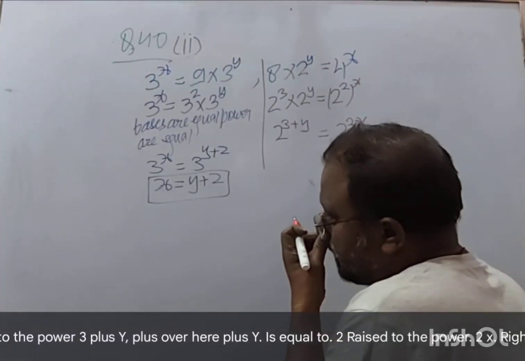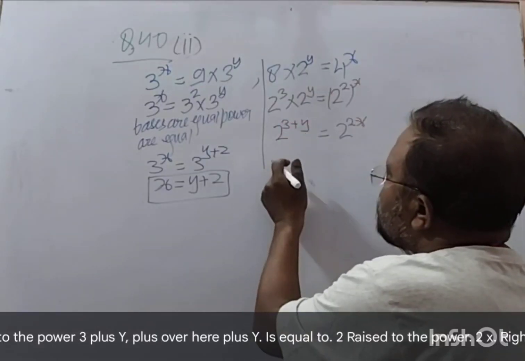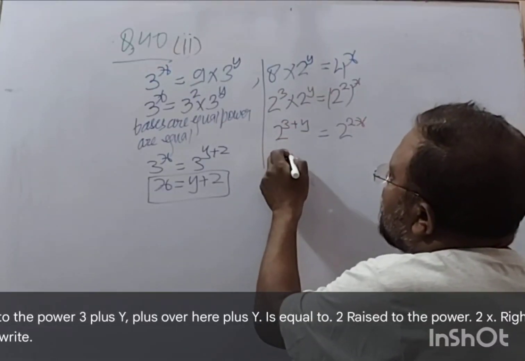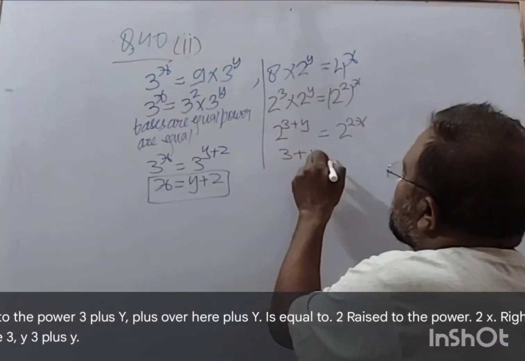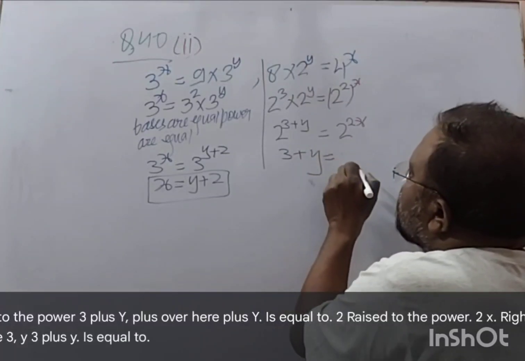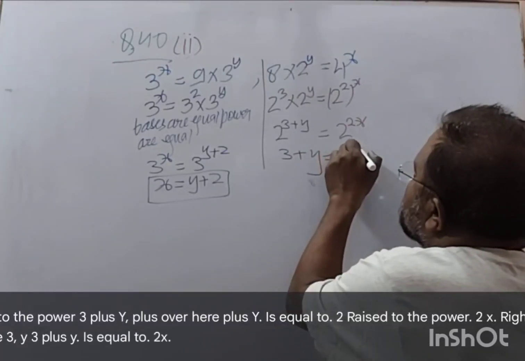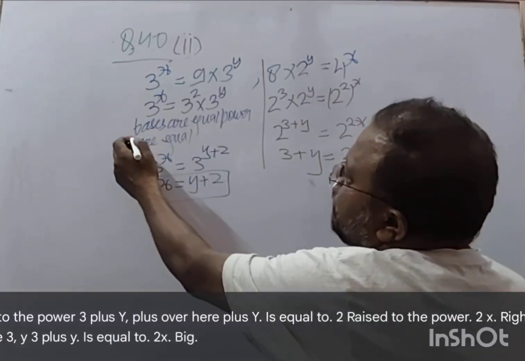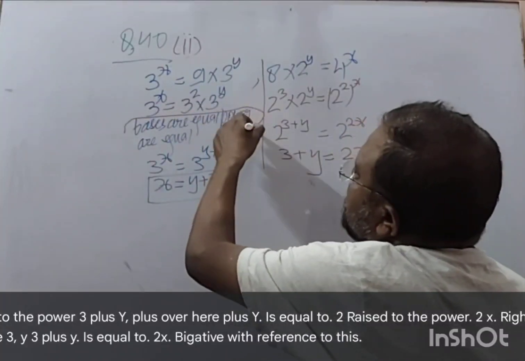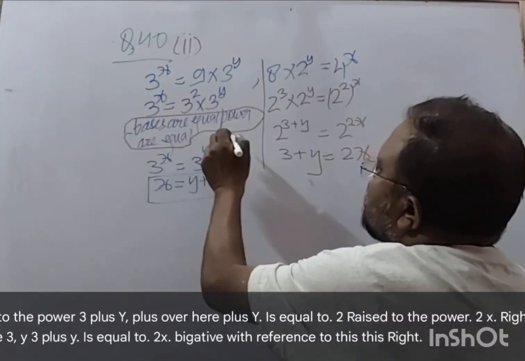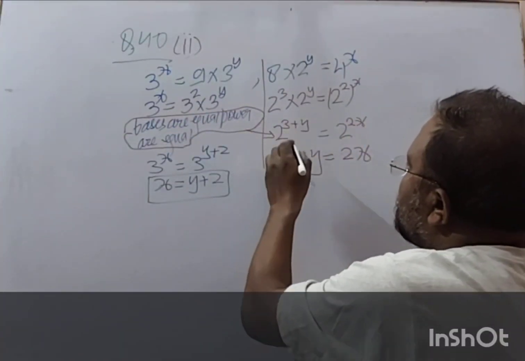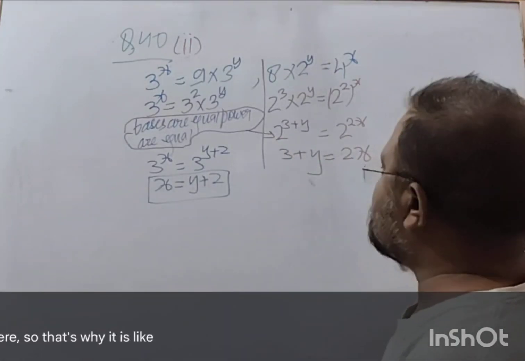So we can write 3 plus y is equal to 2x. With reference to this, the same is also applicable here. So that's why it is like this.